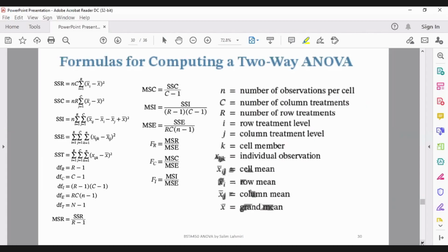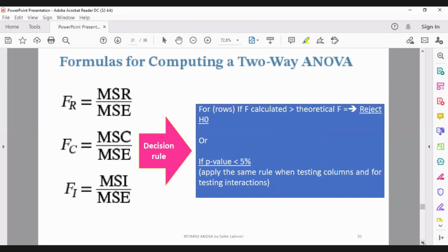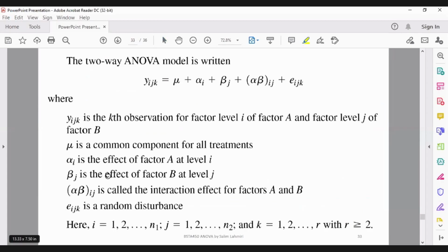You just need to look at the p-values of FR, FC, and FI to accept or reject the corresponding H0.